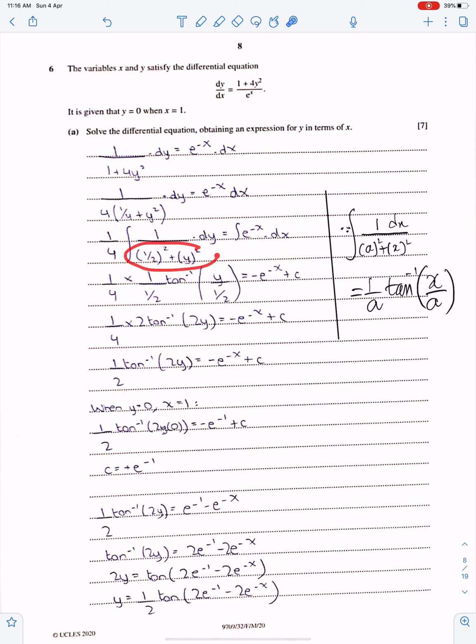Now write this in the standard form. This is the formula for tan inverse. We write the reciprocal of this here, and then tan inverse, the fraction of these two, x upon a, variable upon constant. So this will become 1 upon 2, tan inverse, and the fraction of these two according to this formula.